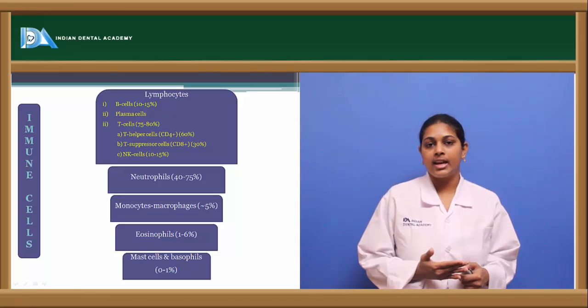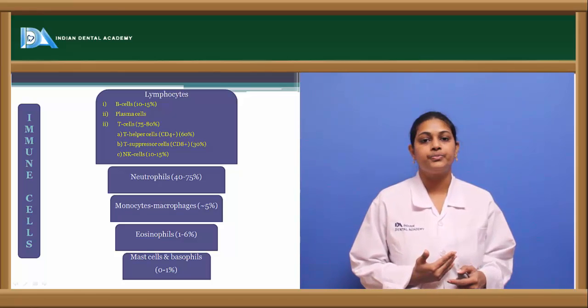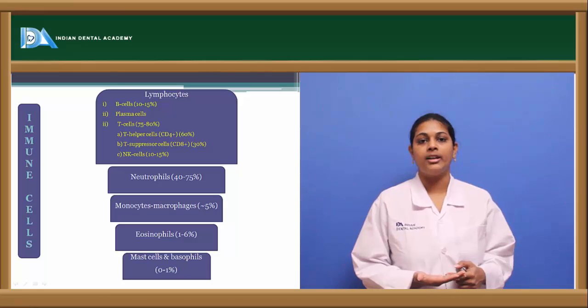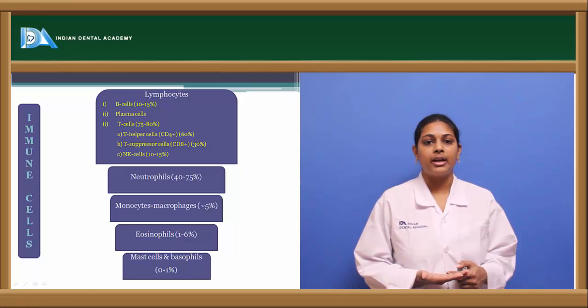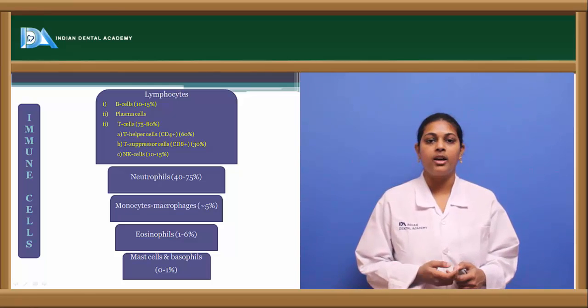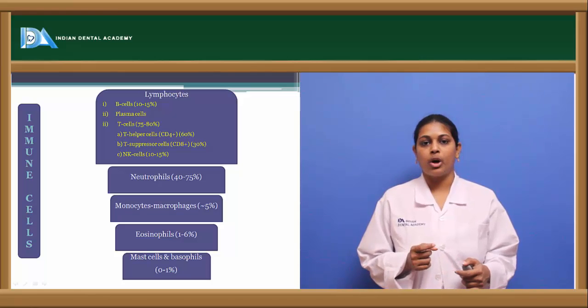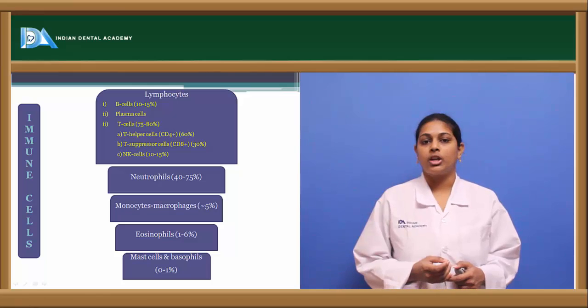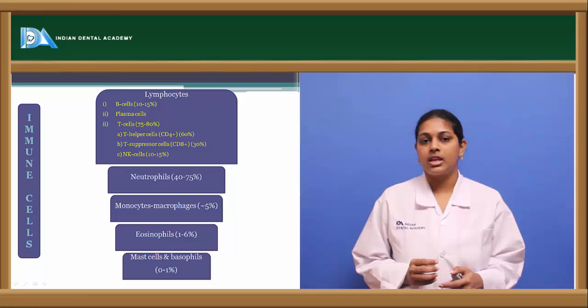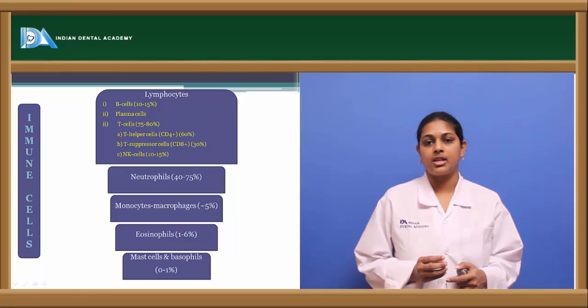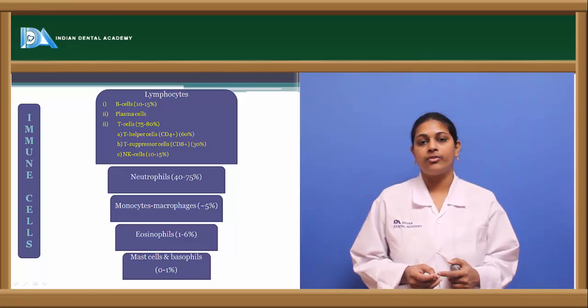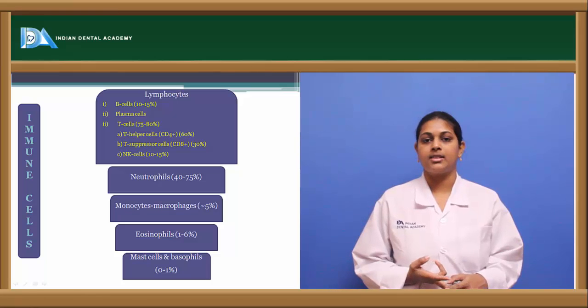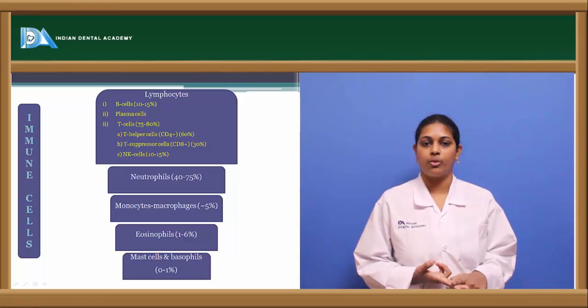Further, these T helper cells and T suppressor cells attain immune and genetic influences, which are denoted by a specific molecule known as cluster of differentiation. This molecule reaches the surface of the T helper cells and T suppressor cells. Usually, these clusters of differentiation are of two types: CD8 plus cells and CD4 plus cells.